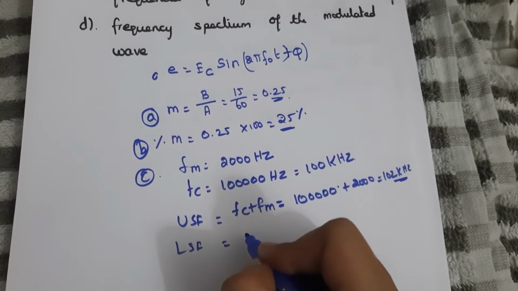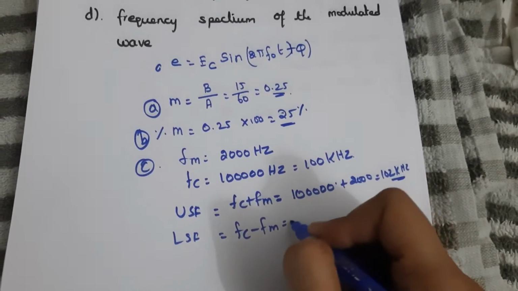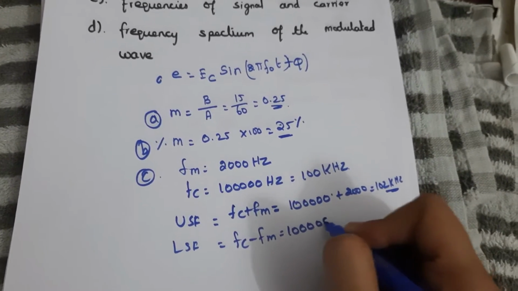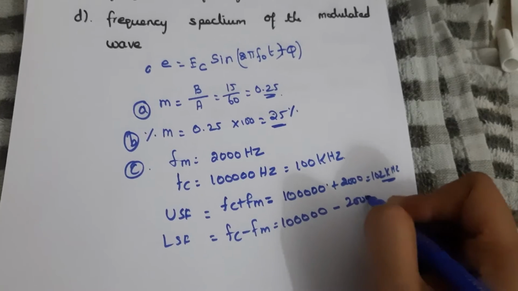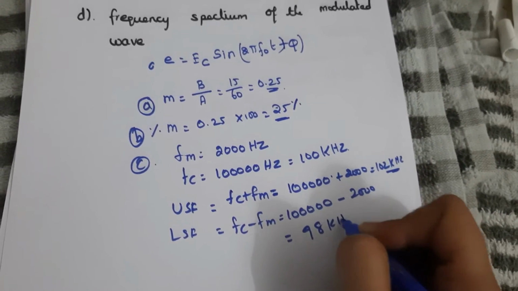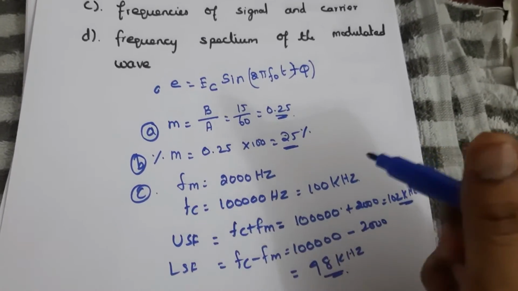Similarly LSF is FC minus FM, so 100 kilohertz minus 2000. The answer here is 98 kilohertz. So these are the sideband frequencies.